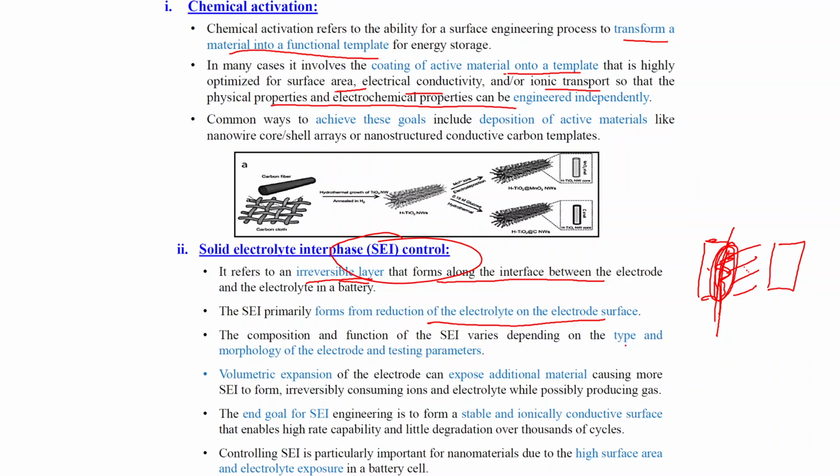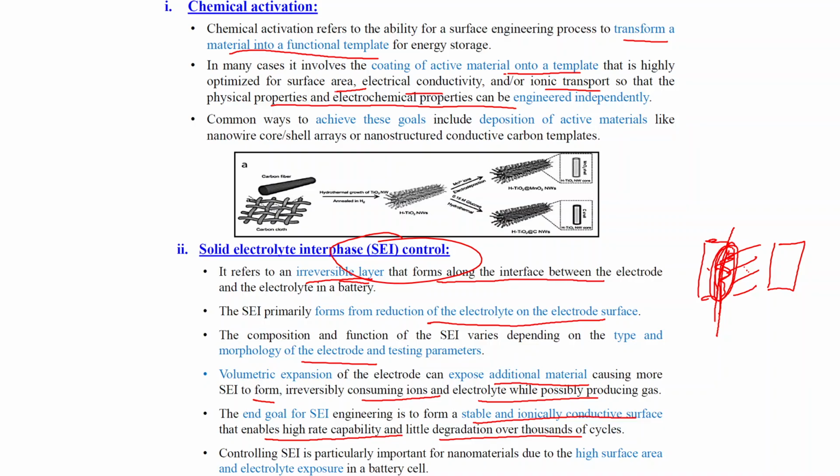The composition and function of SEI varies depending on the type and morphology of the electrode and testing parameters. Volumetric expansion of the electrode can expose additional material, causing more SEI to form, irreversibly consuming ions and electrolyte while possibly producing gas. The end goal for SEI engineering is to form a stable and ionically conducting surface that enables high rate capability and little degradation over thousands of cycles.